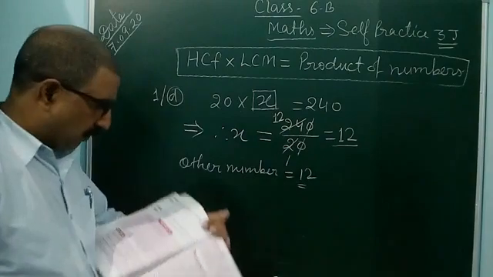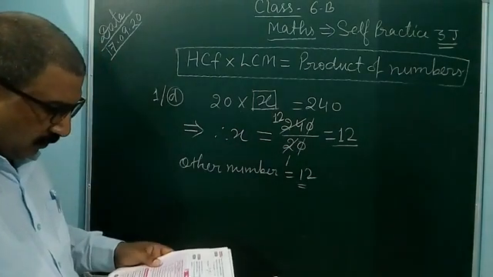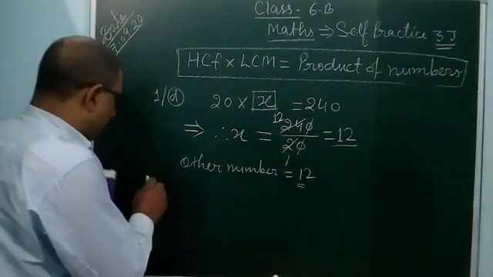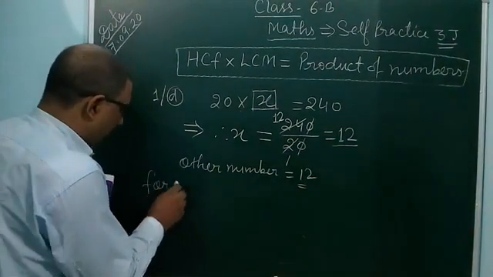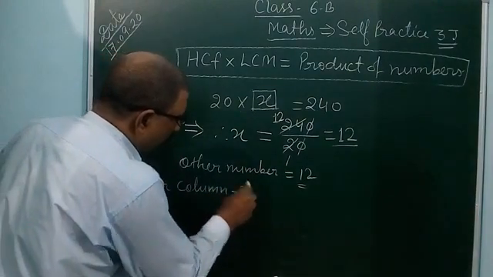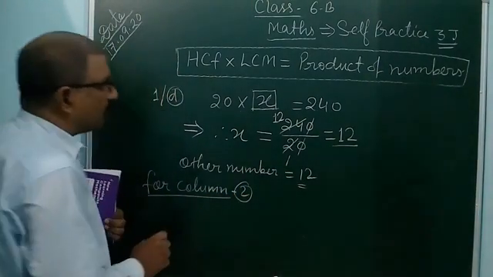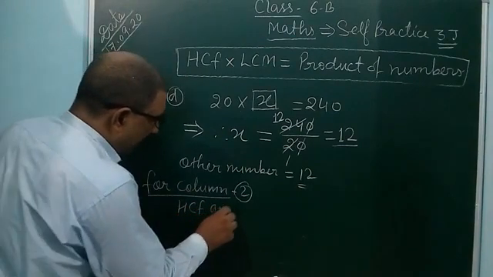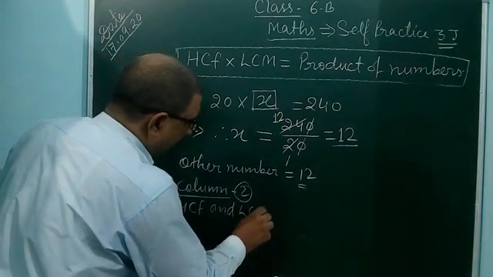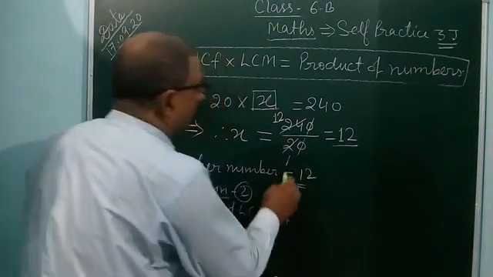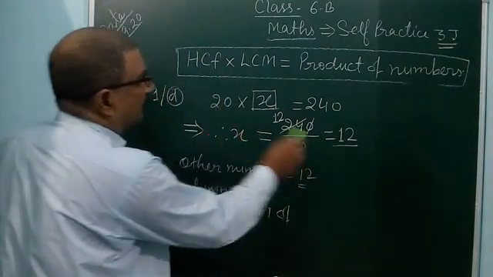After that, column second. For column second, you can do it yourself. For column 2, you can find out the SCF and LCM of 20 and 12.